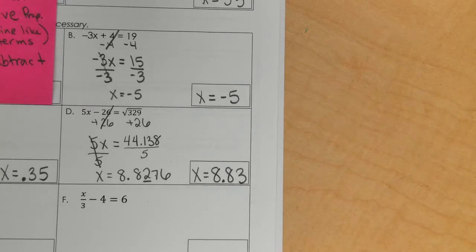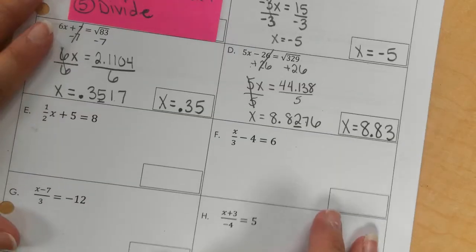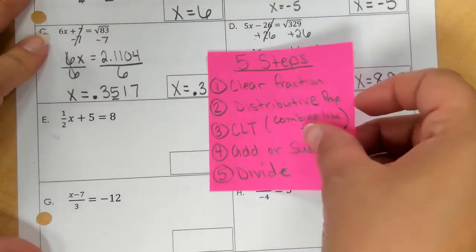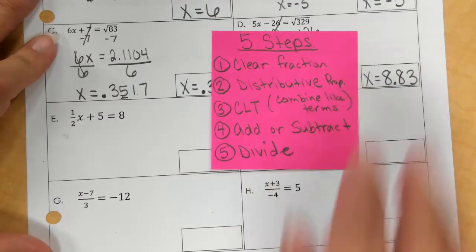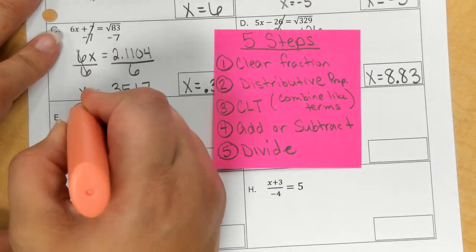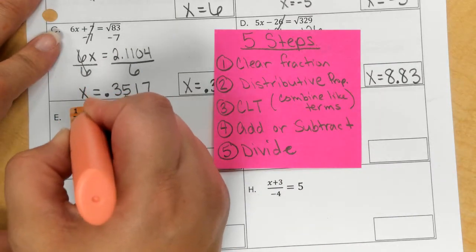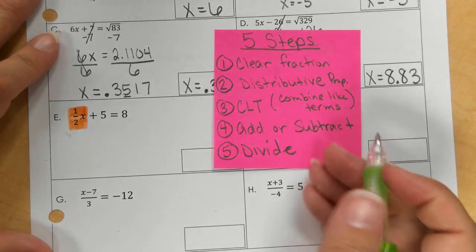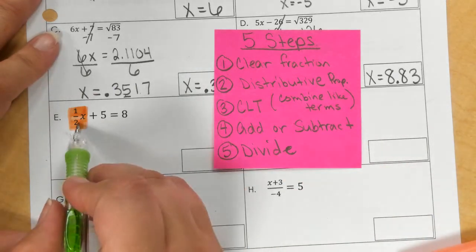Okay, so now for letter E, addressing our steps here. Can you clear a fraction? Yes. This part of the problem is where the x is at, and it's our fraction. So what is the denominator? Well, the denominator is a 2.